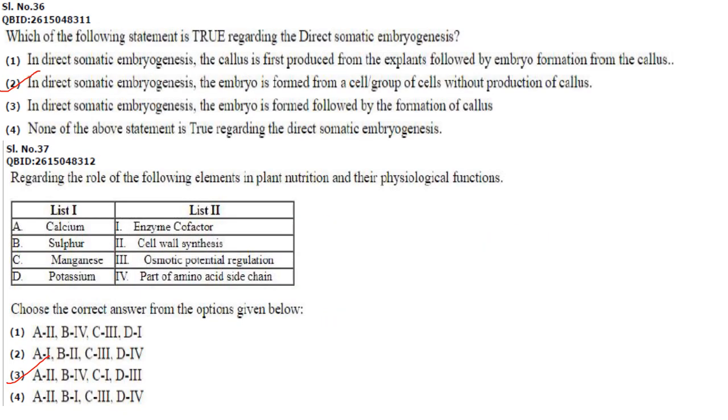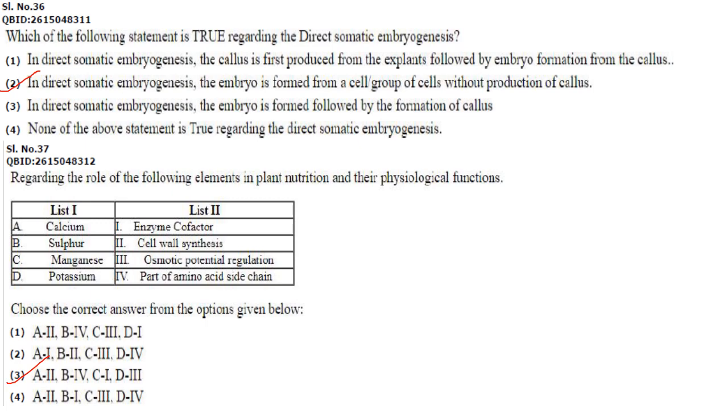Then which of the following is true regarding direct somatic embryogenesis? So direct somatic embryogenesis is without an intervening callus phase. In direct somatic embryogenesis, the callus is first produced. That itself is not correct. Callus is not produced. In direct somatic embryogenesis, the embryo is formed from a cell or group of cells without production of callus.